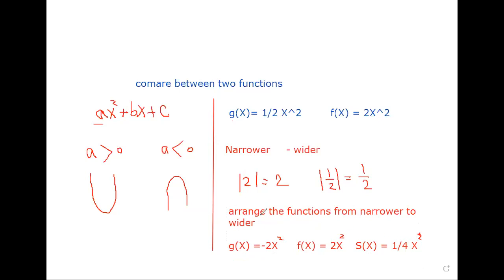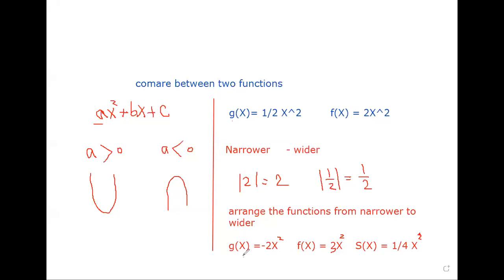We are looking to arrange the functions from narrower to wider, which means from greater to smaller. First is f, which is 3, then negative 2, and then 1 over 4.